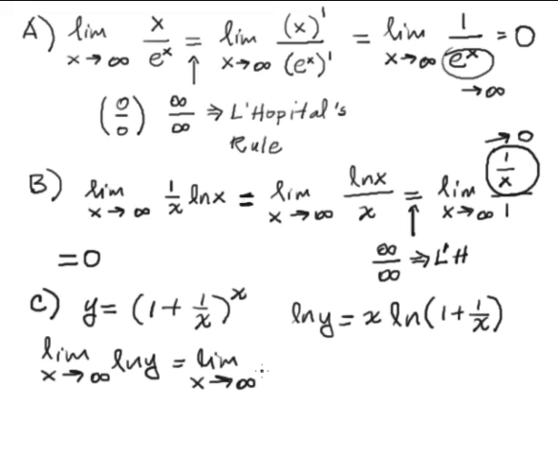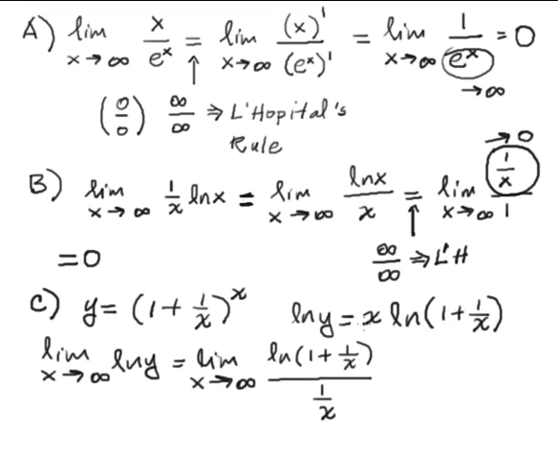Now I'd like to write this expression by putting x in the denominator as 1 over x, and that'll give me an indeterminate form so that I can use L'Hopital's rule. So we'll see why in a second. This is, again, a standard trick. Because what we do have here, when x goes to infinity, this is going to infinity. This is going to 1 plus 0, so this is going to log 1, which is 0.